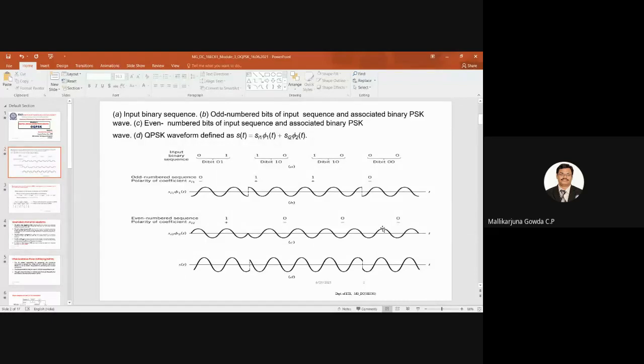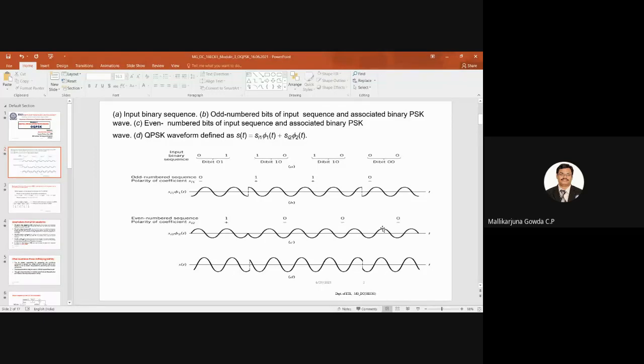What I wanted to say here is, whenever the in-phase and quadrature bits change: if both change, then the QPSK waveform undergoes a phase shift of 180 degrees.